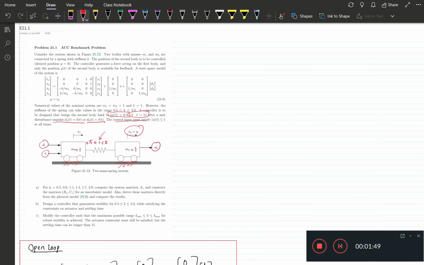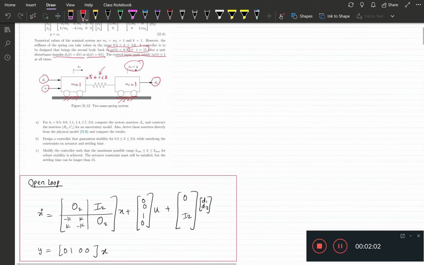We also have to make sure that the control input stays within plus minus 1. So these are the control goals, and let's try to do this problem now.